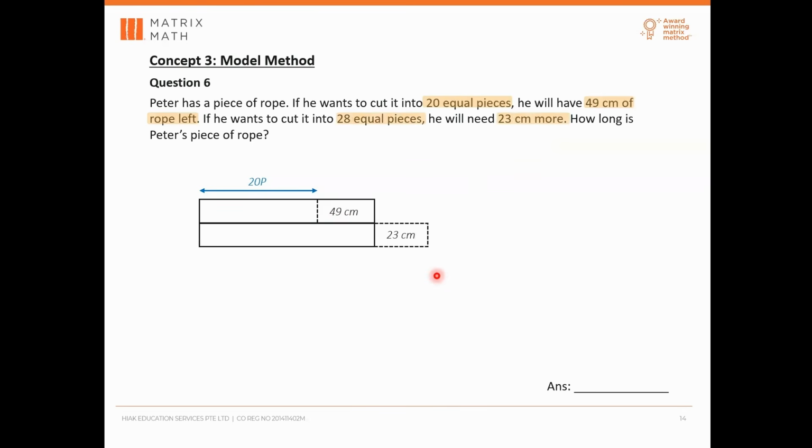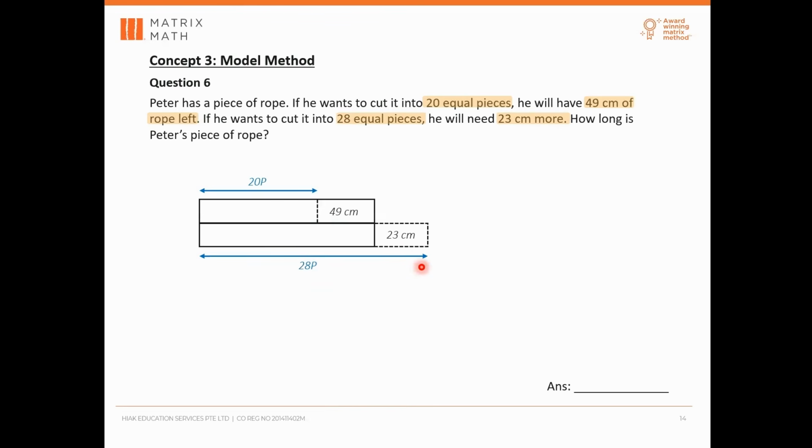Okay, it's not part of the original. So the amount that he needs for the 28 pieces includes this extra 23 cm. So when you label it, you have to include the 23 cm. Okay, so it's important you label it below but not inside the box because 28 pieces have to include the 23 cm.